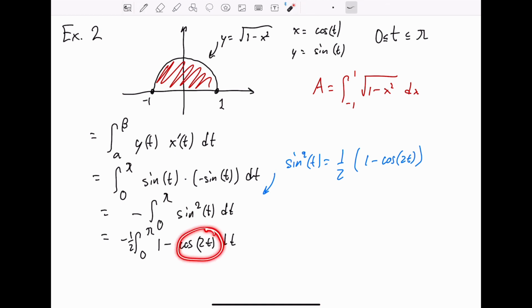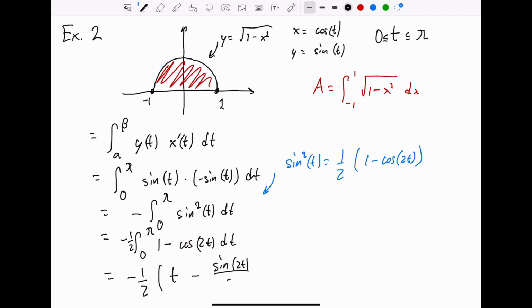Integrating cosine of 2t, this is one of those integrals where we do a u substitution without writing down all the steps. So we'll write negative 1/2 times the integral of 1, which is t, minus the integral of cosine, which is sine, of 2t, and then we divide by 2 to compensate for the chain rule. We're integrating from 0 to pi.